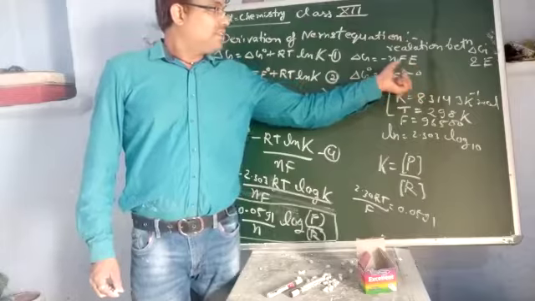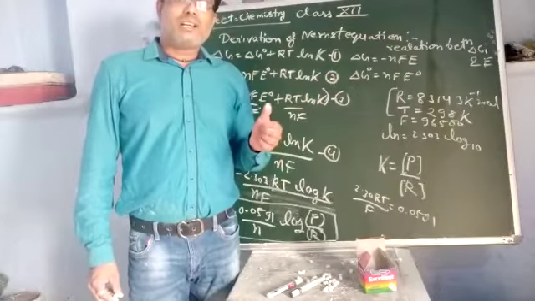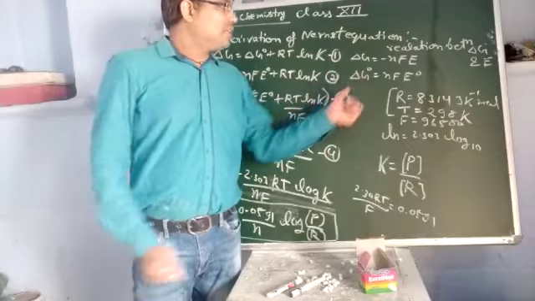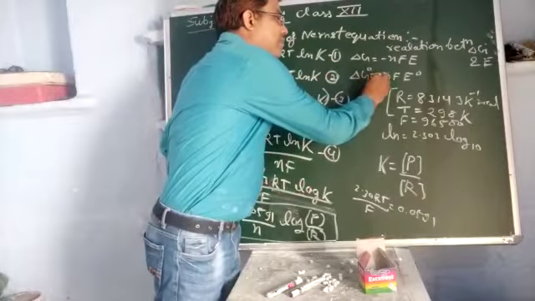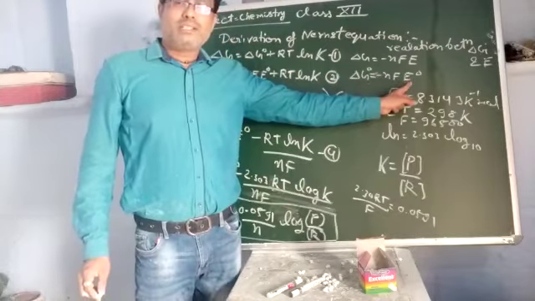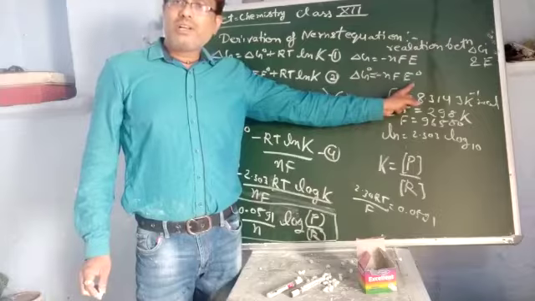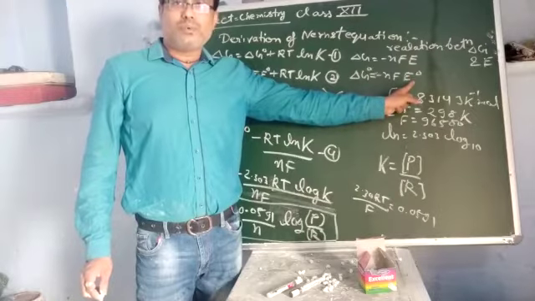So if the standard condition is there, we use delta G naught. So delta G naught is equal to minus nFE naught, where E naught is standard electrode potential or standard electromotive force.